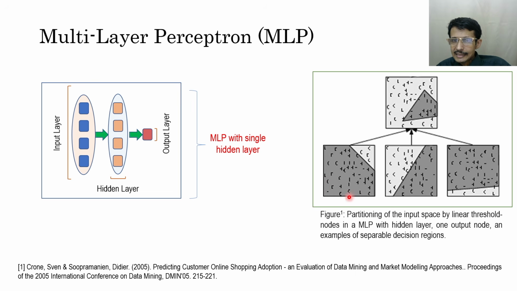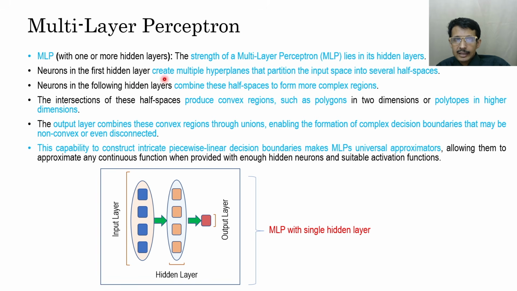Here you can see this is the first hidden layer, and this is the input space, a two-dimensional space. So a hyperplane means a straight line here, and it creates two halves. Exactly, neurons in the first hidden layer create multiple hyperplanes that partition the input space into several half spaces.